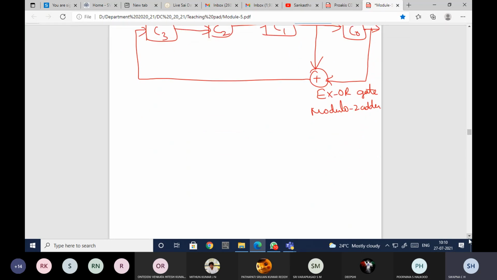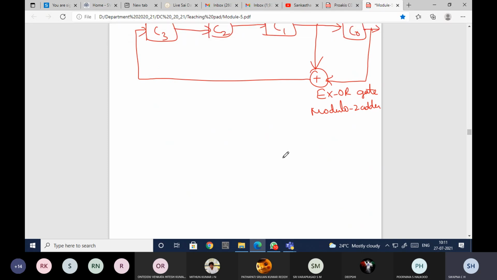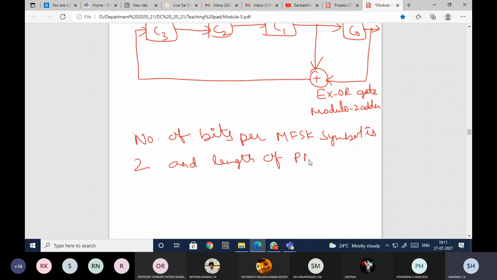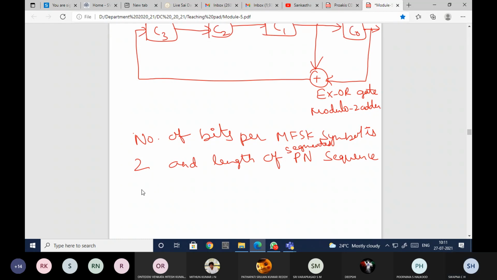And here he has mentioned the number of bits per MFSK symbol is 2 and length of segmented PN sequence is 3.